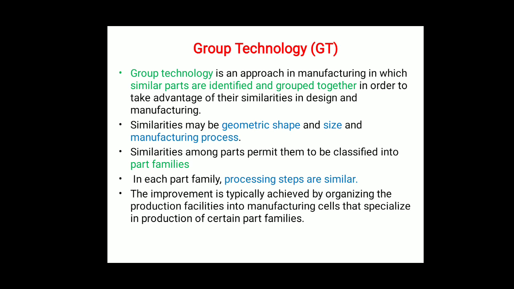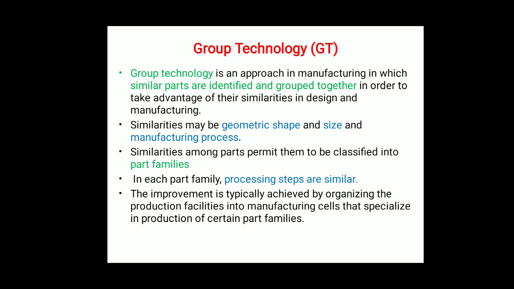This is typically achieved by organizing the production facilities into manufacturing cells that specialize in production of certain part families. So first of all, we have to create a group according to geometrical size, shape and manufacturing process. That is our first task. Afterwards, suppose we take two groups, one group and a second group.